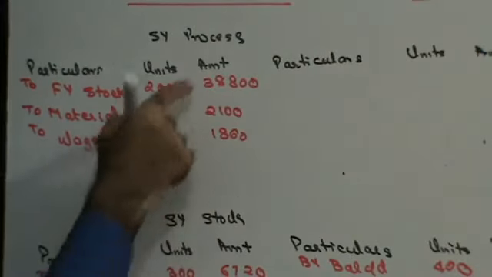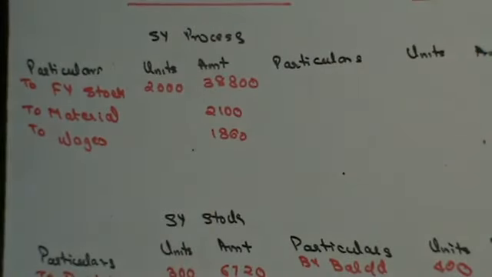Right? Now 38,800 plus 2,100 plus 1860 is going to be 42,760.